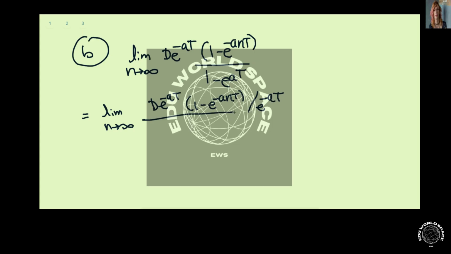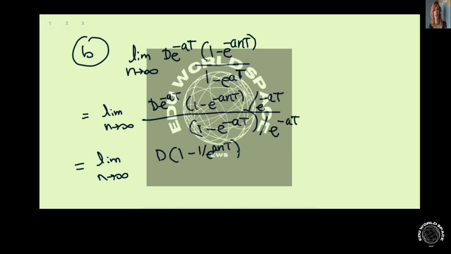So also on the denominator, that's a times T down there, over e^(-aT). Now go ahead and clean that up. Let's do the division. D times 1 minus 1 over e^(anT), over e^(aT) minus 1. This is just after doing some simplification.